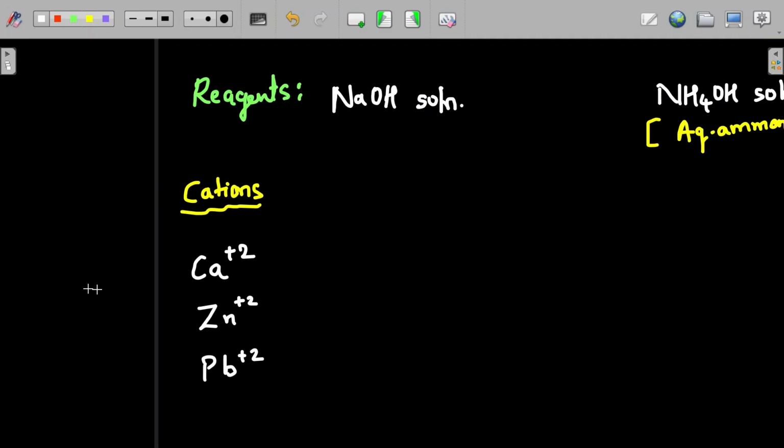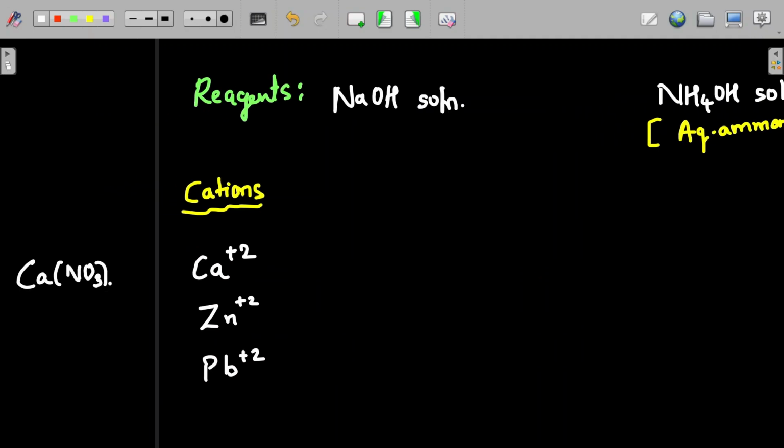For example, I will take calcium nitrate and dissolve it in water, so it is aqueous. It will completely dissociate because it is an ionic compound, so it will form calcium ion and nitrate ion. We are not testing the nitrate ion. We are testing only the cations.